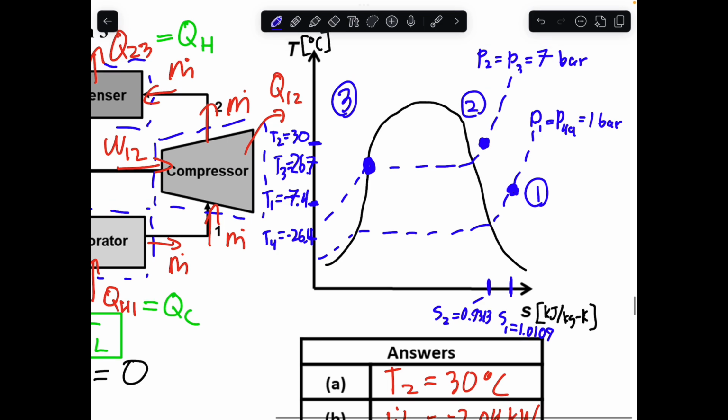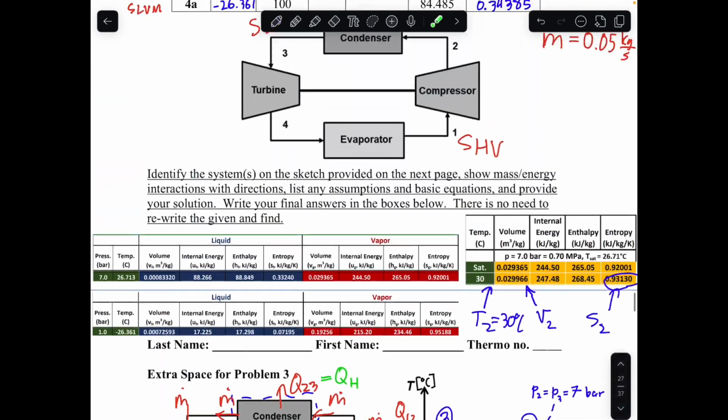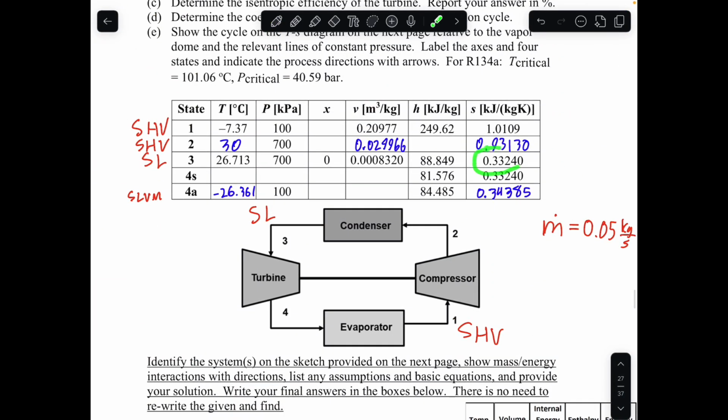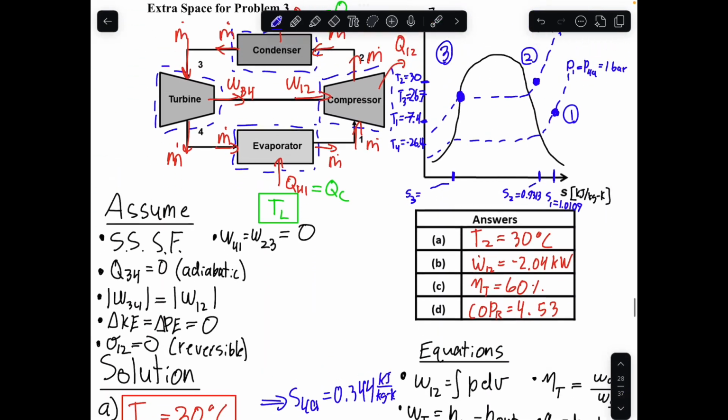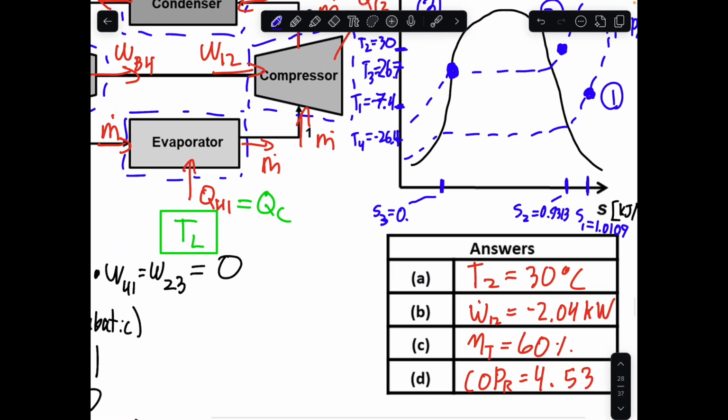And then our entropy at state 3, we just come down here. And so this value here will be S3 is equal to, from our table, we found that to be 0.3324. So this will be 0.3324.